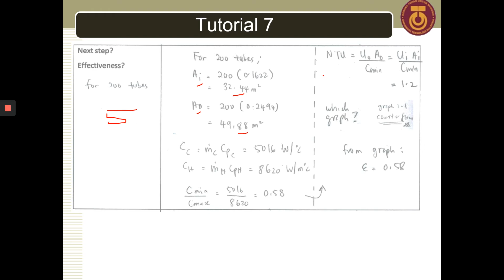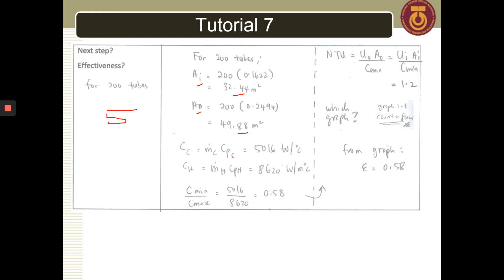Okay, then you also need to find the value of C min and C max, which you can find from the value of Cc and Ch. Okay, Cc means the mass flow rate of the cooling fluid multiplied with the heat capacity of the cooling fluid, and Ch means the mass rate of heating fluid multiplied with the heat capacity of heating fluid.